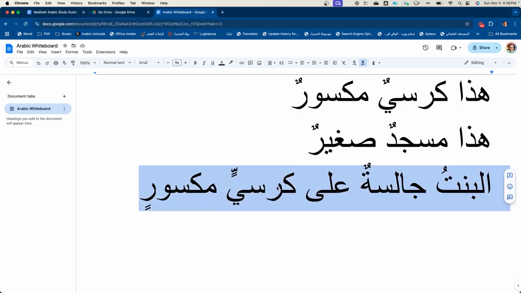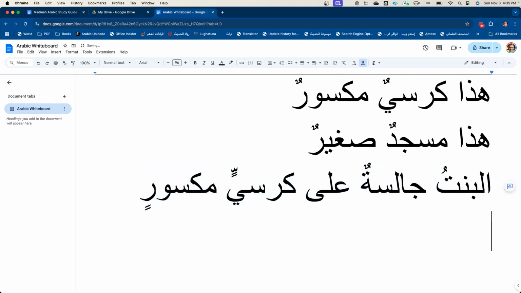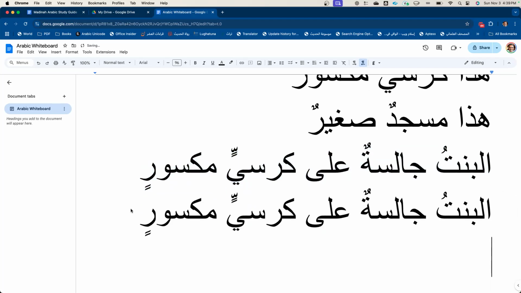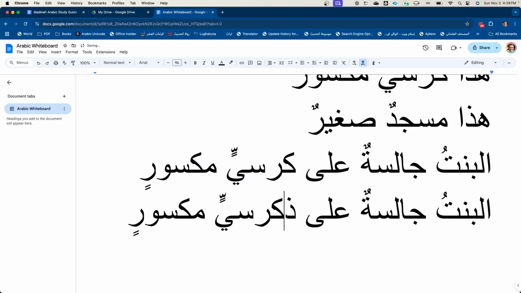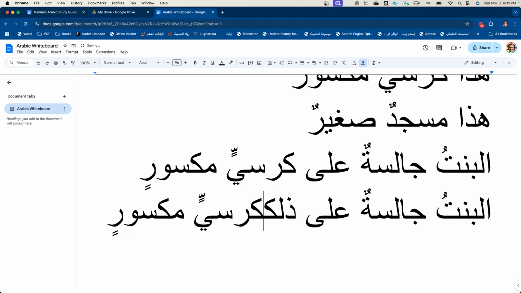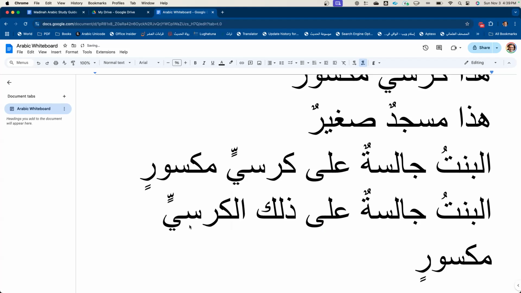So for the same sentence here, I know this seems like a complicated sentence to you guys, but I want to make the kursi specific now. I can say the girl is sitting on that broken chair. So I will say al-bintu jalisatun ala ذلك الكرسي, that chair. Now I put an al here, right?